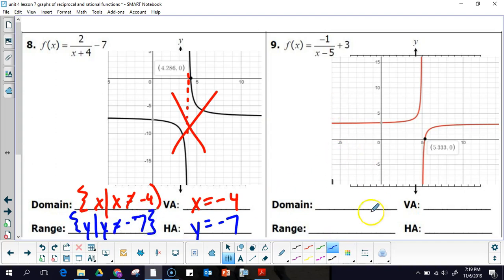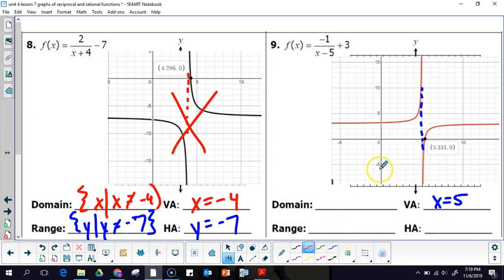Okay, one more, number 9. Hopefully I got this one right. -1 over x minus 5. Okay, yeah, I think I got this one right. The vertical asymptote is right here. I made this one really big. That is at 5. X equals 5.